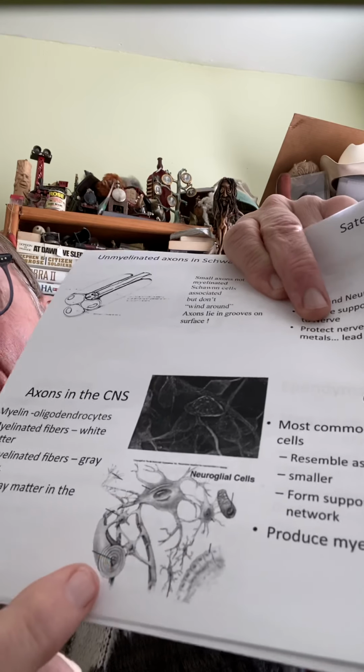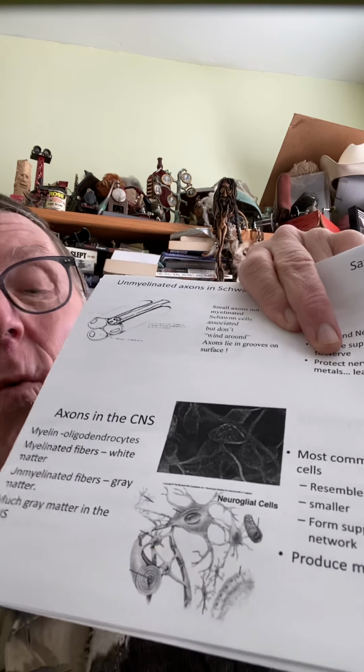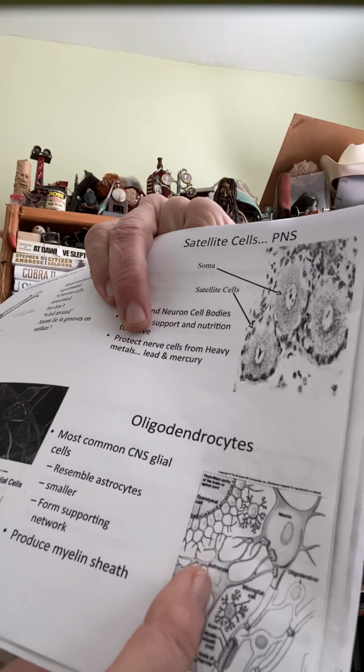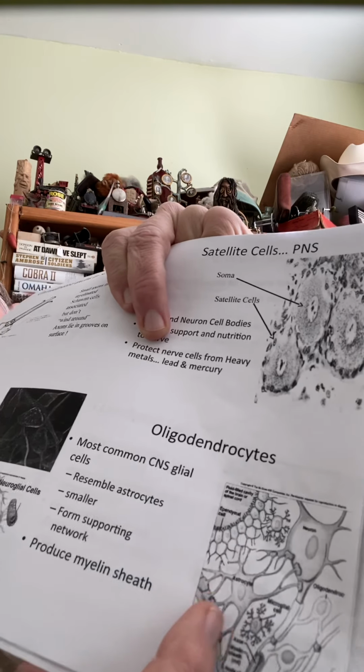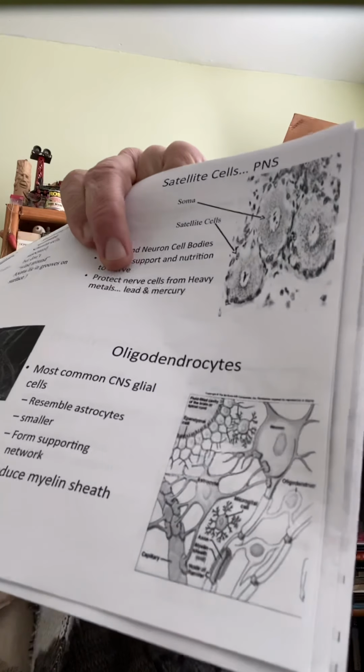It's wrapped around here, and it's wrapped around there, and the cell is in between there. And it looks a little bit like this thing we call an astrocyte, which is right here. Here we have a blood vessel, and here we have a neuron. And you can see that it is a go-between cell.